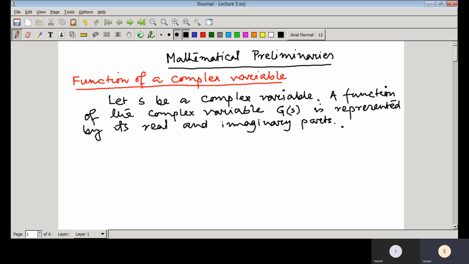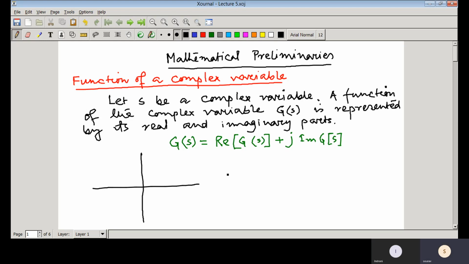So whenever you have a function G(s), where s is the complex variable, we can represent it by the real part of G(s) and the imaginary part of G(s). You all know those things. Now, if we talk about mapping through that complex function, how does it look?